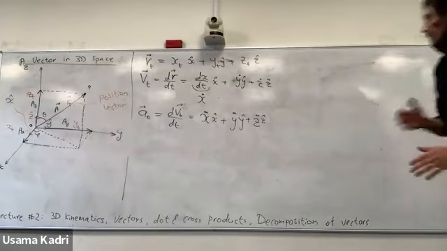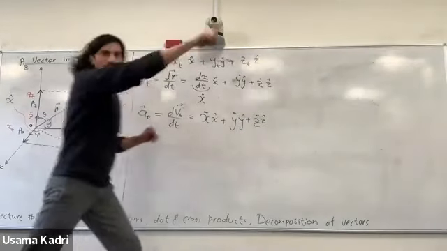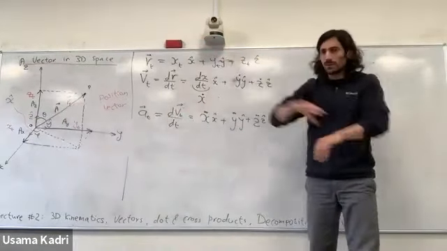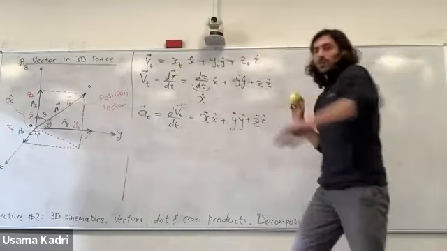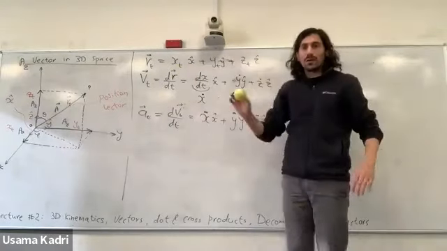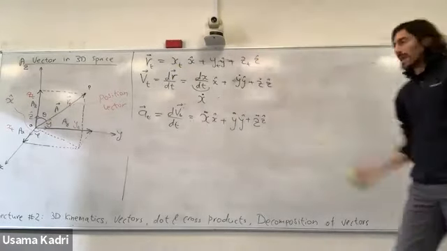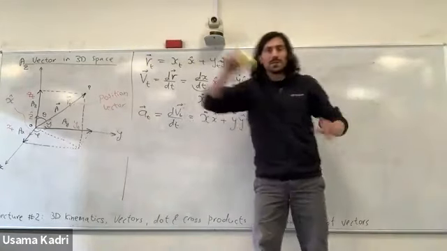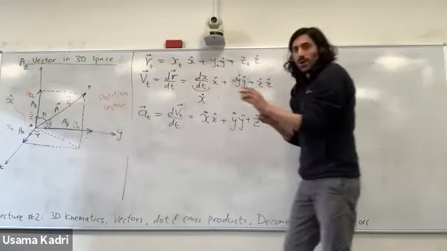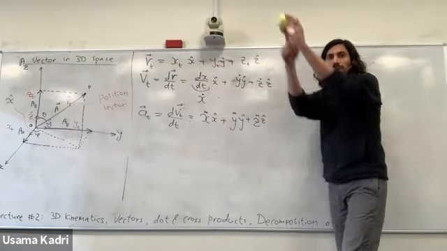Okay, so what we did is we took that vector, right? I have the ball here, I threw this ball, and this ball now is no longer going in a straight line. I can throw it, and it makes some trajectory, which is very complicated. I will be standing at some point, so it starts here, and I will be following this.